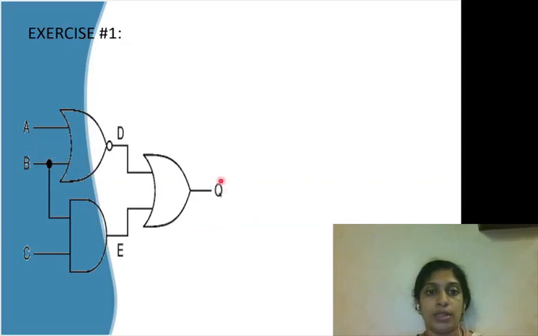We are using 3 gates. One is an OR gate, the other is an AND gate, and the third one is an OR gate. So we have to create the truth table for this circuit, and I will just give an idea of how to draw the truth table.